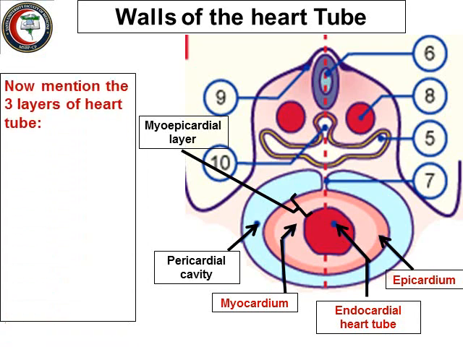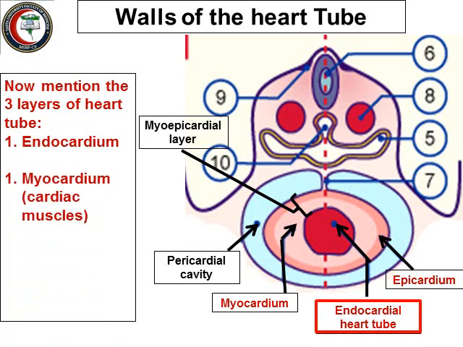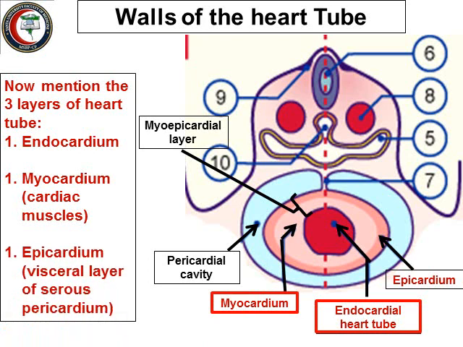The three layers of heart tube: endocardium from splanchnic mesoderm, myocardium or cardiac muscle from myoepicardial layer, also splanchnic mesoderm, and lastly, epicardium or visceral layer of serous pericardium, also from myoepicardial layer. Thus, all the heart tube develop from the splanchnic mesoderm.